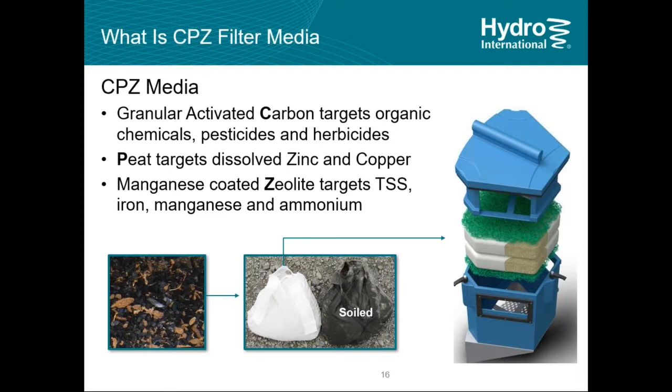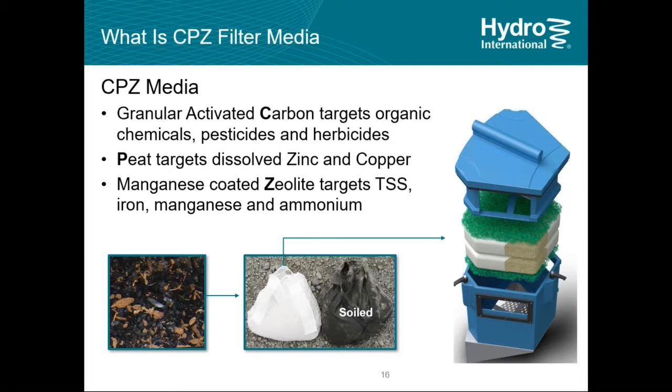In our filter, there's a mix. There's granular activated carbon, also known as GAC, which targets organics: chemicals, pesticides, herbicides, anything organic. It captures oils pretty well. We also have peat, which targets dissolved metals, zinc and copper.